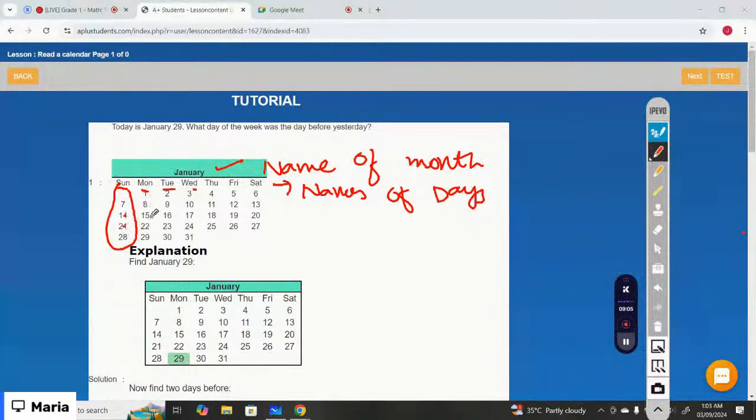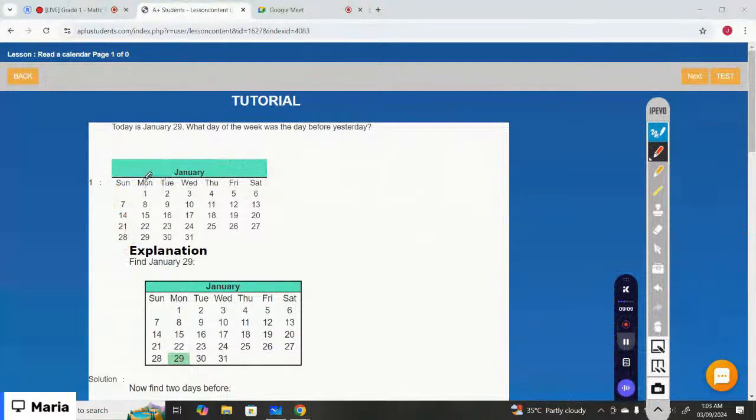Same way, right below Monday you have all the dates that have Monday. Then right below Tuesday you have all the dates that have Tuesday, right? Like on 2nd January it's Tuesday, on 9th January it's Tuesday, 16th it's Tuesday, 23rd and 30th it's Tuesday, right? So this is the list of the days and then the list of the dates that have the same days, right?